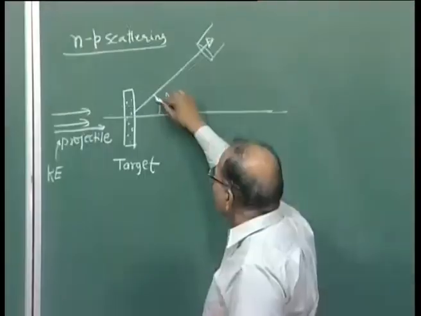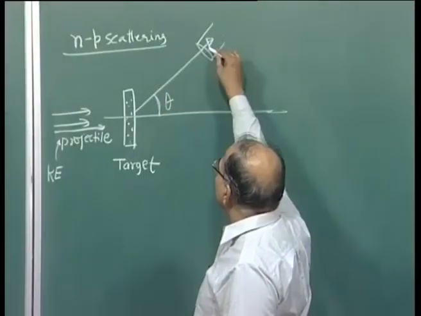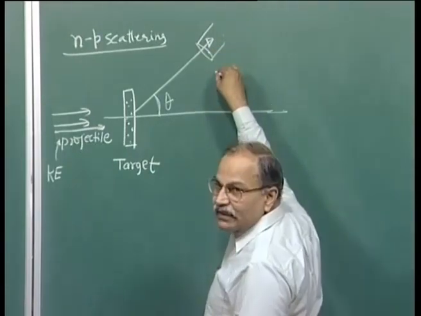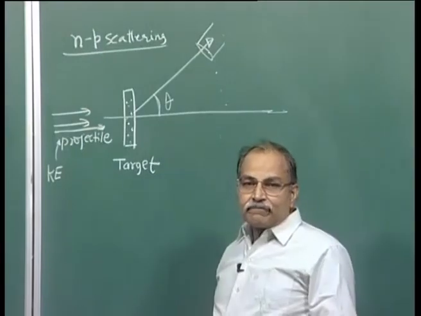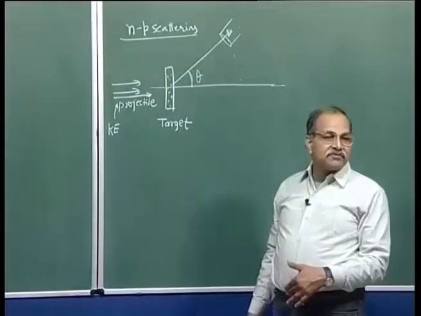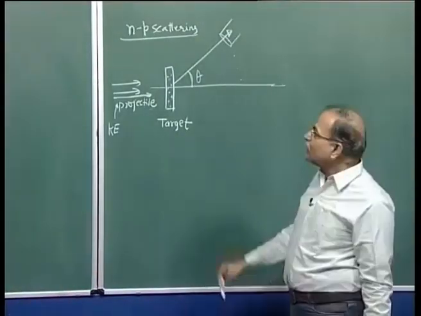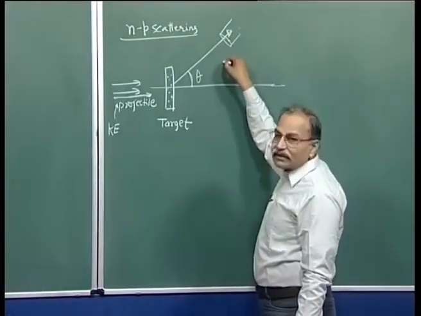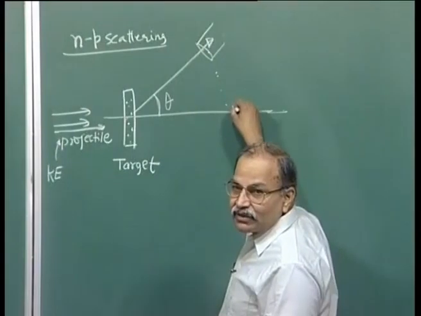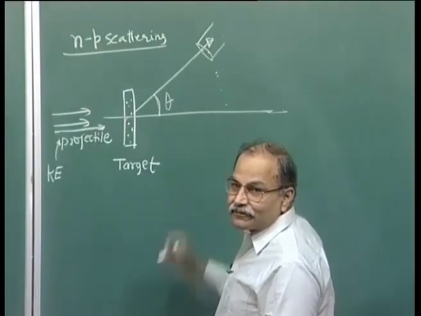So, for different values of theta, you can put the detector here, here, here and so on, and you get the distribution of scattered particles. How many particles are going at this theta, how many at that theta, and so on.